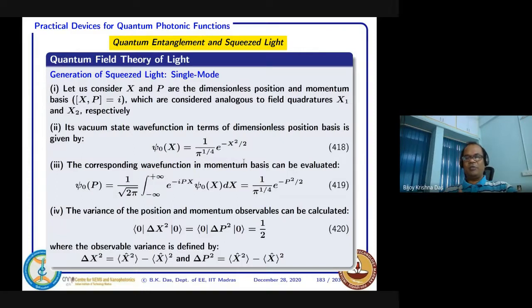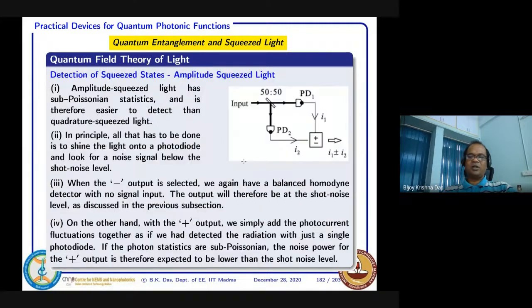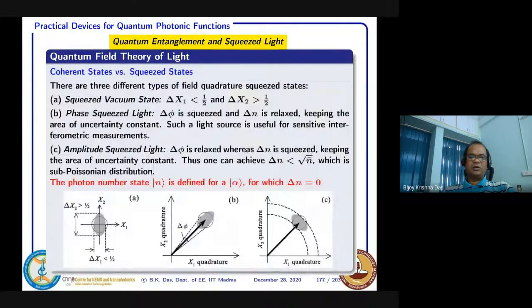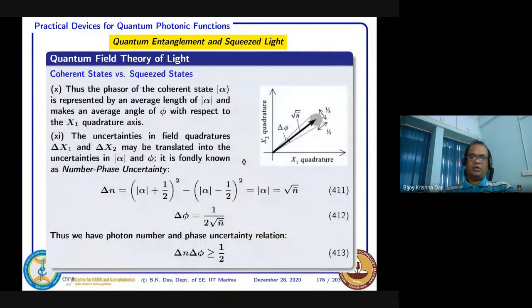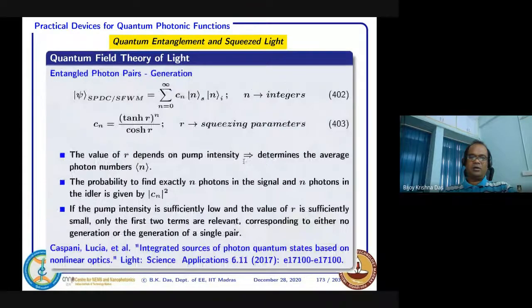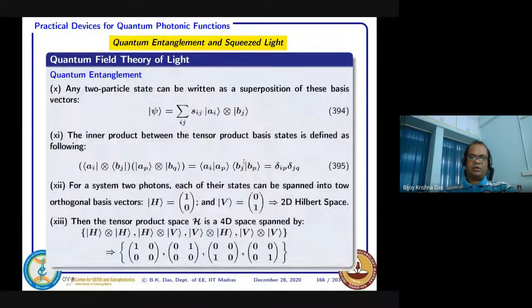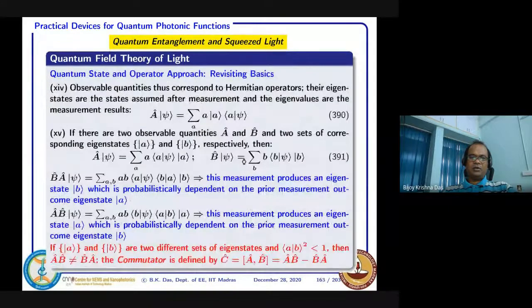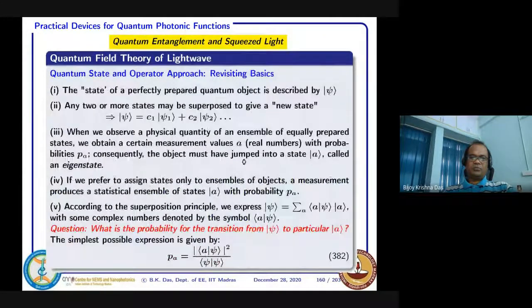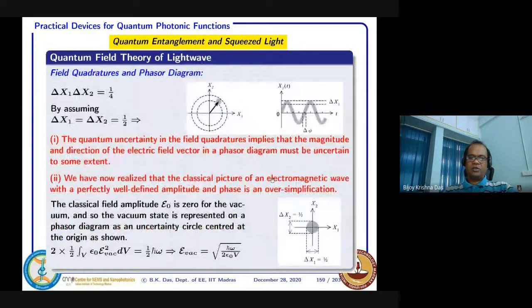Remember that when we considered the vacuum state of the electric field, and expressed it, this is your vacuum state, right? It's like a circular distribution in delta x1 and delta x2.